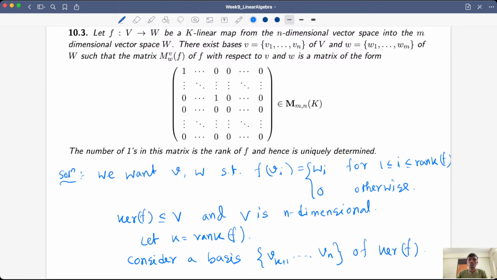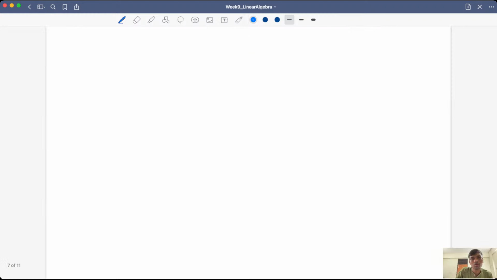Okay, so consider this basis of kernel f and extend it to a basis v1 to vk, vk plus 1 to vn of v.